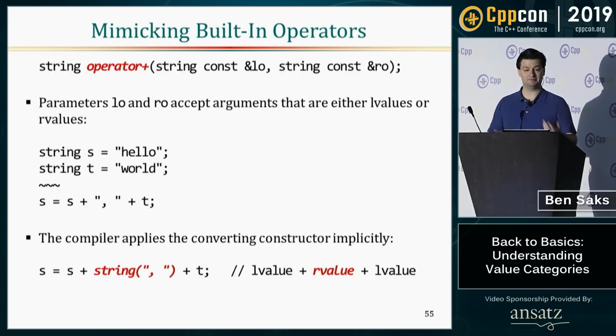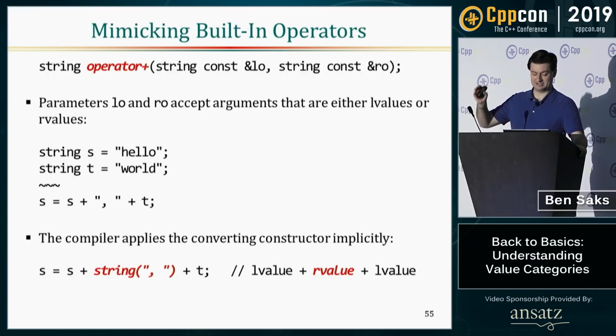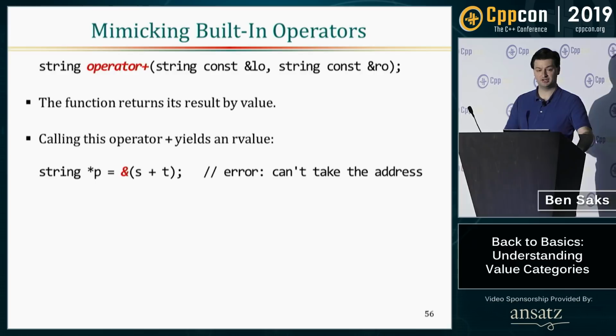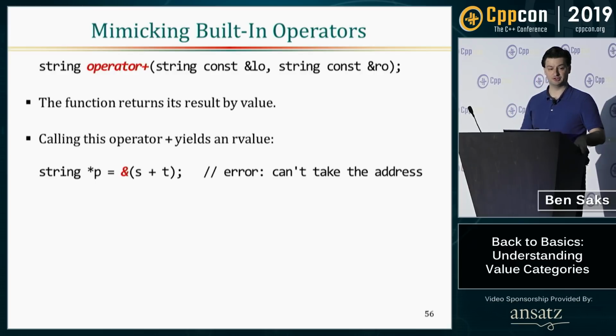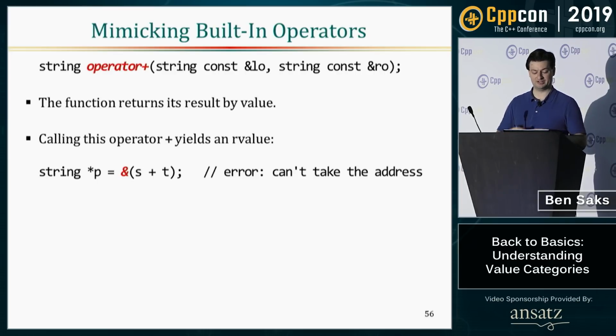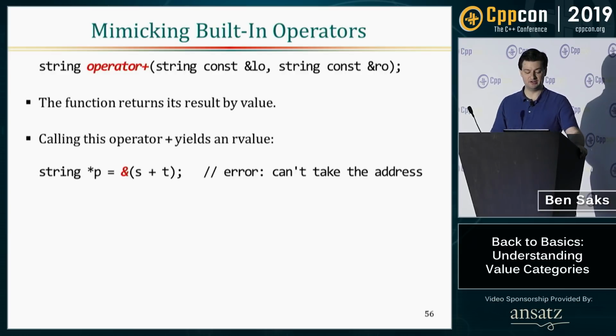It's a temporary object. Whereas s and t in this expression behave like lvalues. On the other hand, the function returns the result by value. So the result of calling that function is an Rvalue. You can't take its address and set up a pointer that will point to it the way that you could for s or t individually.